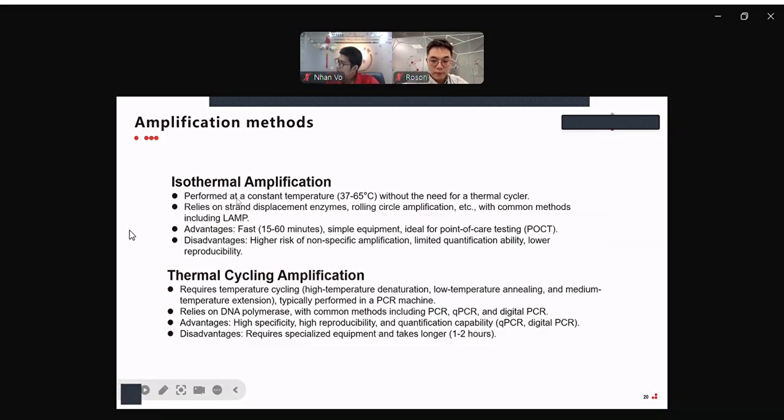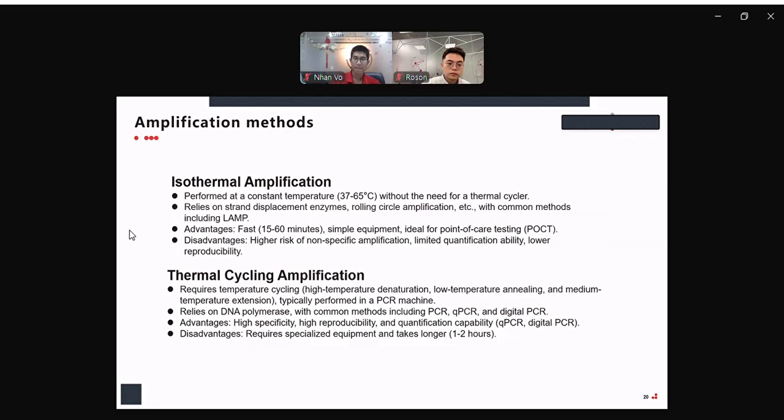But this kind of method has a higher risk of non-specific amplification, limited quantification ability, and lower reproducibility. Normally for the qPCR, inside the machine, we only use one or two universal probes or primers to detect the target gene. But for this kind of method, they need to set up 4 to 6 primers or probes to amplify the target gene sequence together.